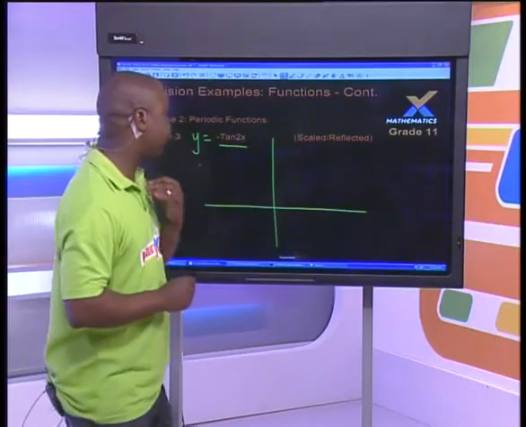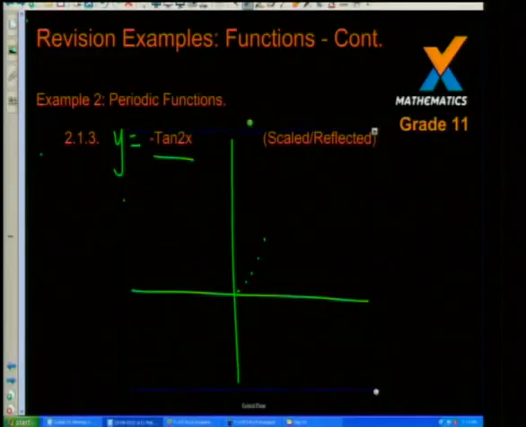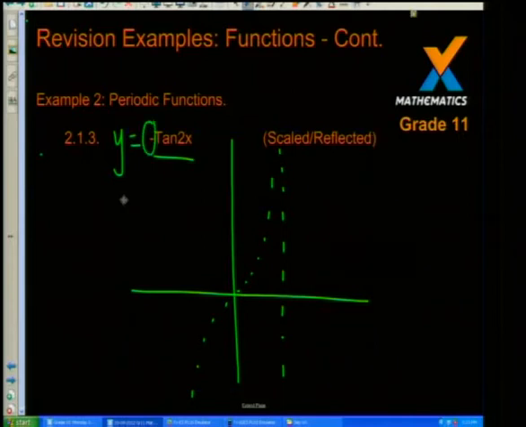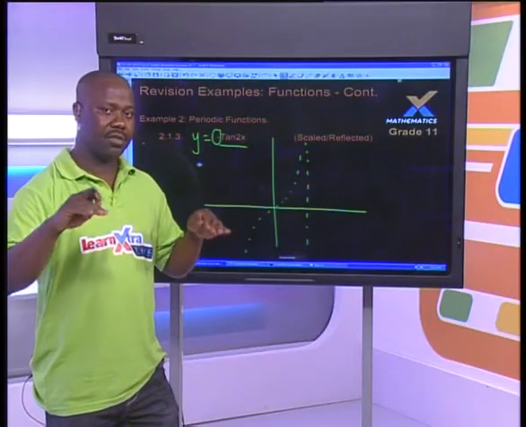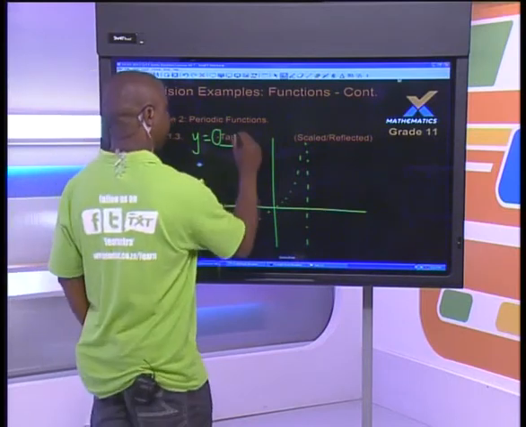The parent graph for a tangent goes in that direction with those asymptotes that I pointed out earlier on. But now, you are going to reflect this. The moment you see a minus in front of a function, you know that that function has been reflected about the x-axis.